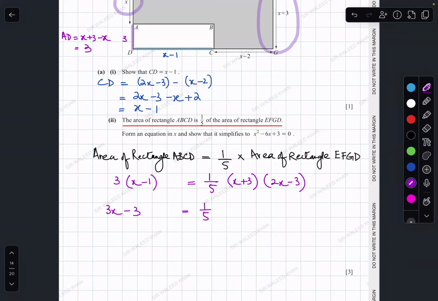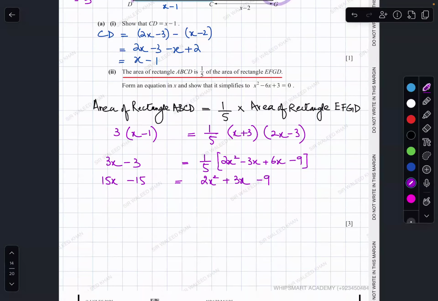Expand these. We have 2x squared minus 3x plus 6x minus 9. Multiply the 5 over there, so this is 15x minus 15 is equal to 2x squared plus 3x minus 9.